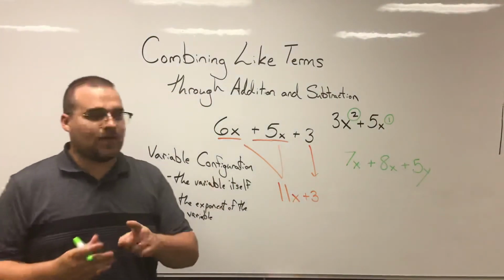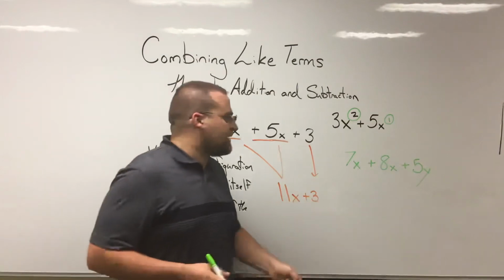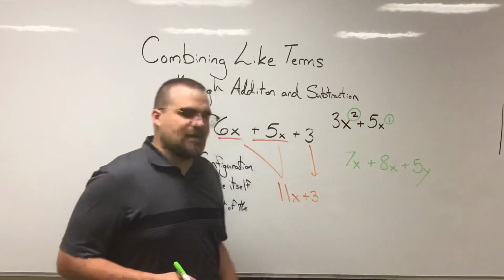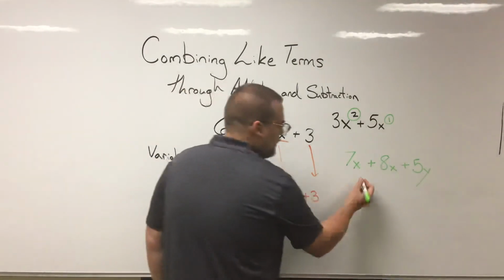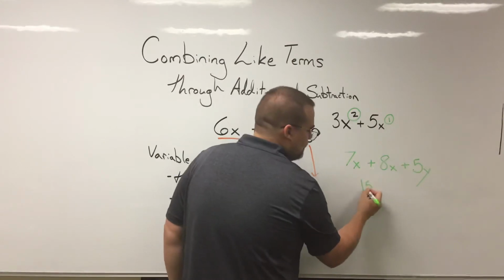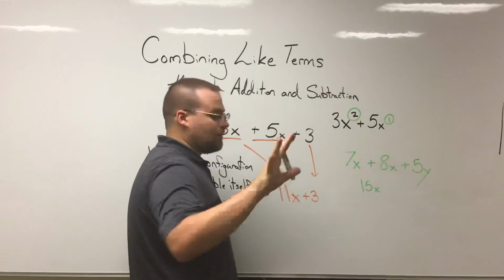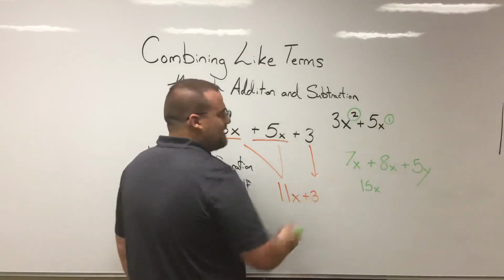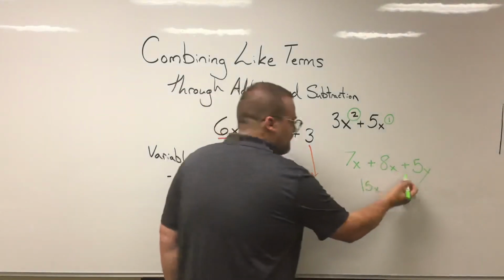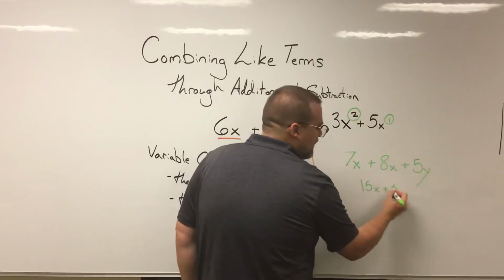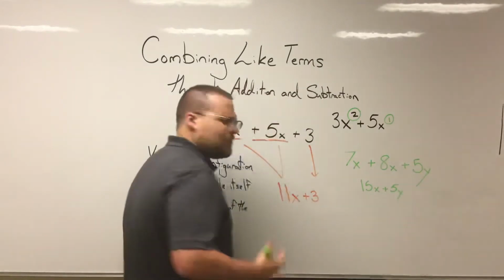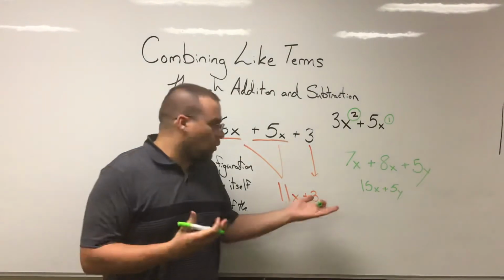You're right, we can combine the 7x and the 8x. 7x plus 8x makes 15x. I almost got that wrong, but luckily I caught myself. 15x, but can the 5y add into this as well? I don't know, what do you think? Could that make it 20xy?